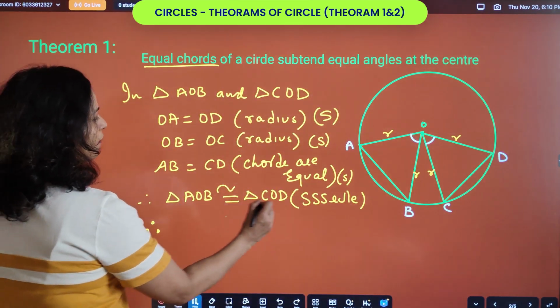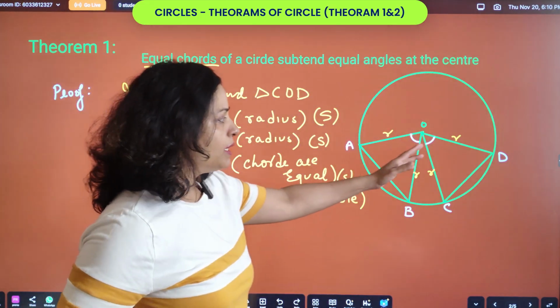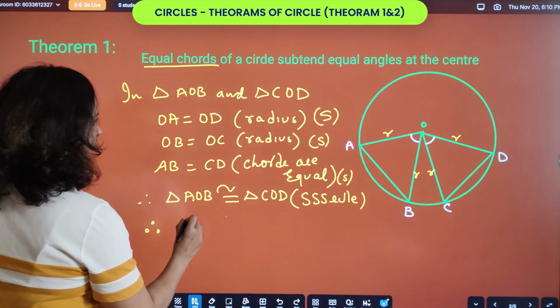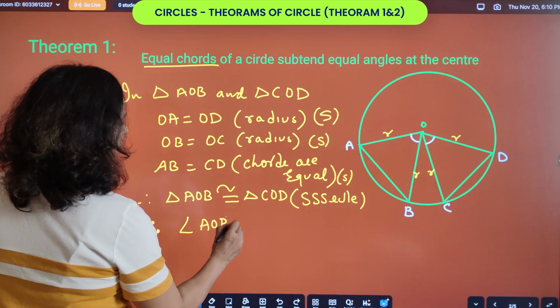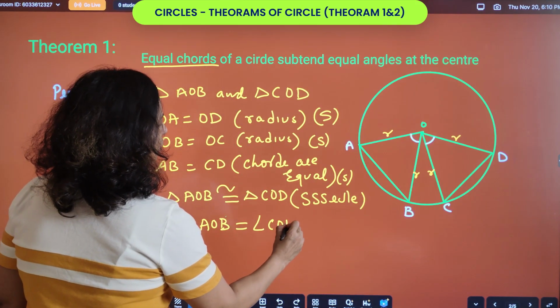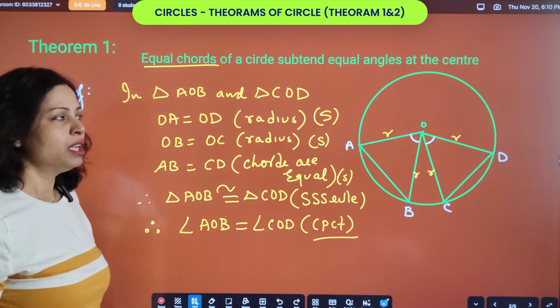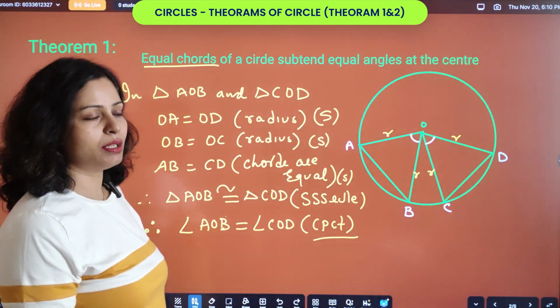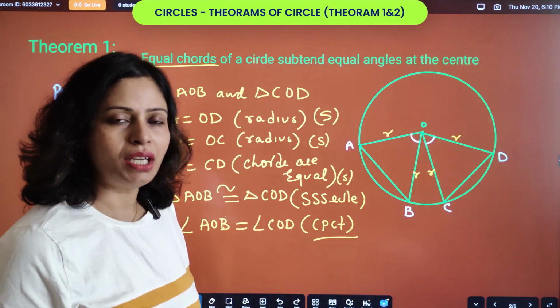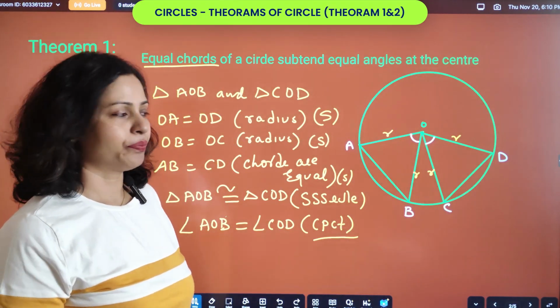So we can say angle AOB is equal to angle COD by CPCT. This is how we can prove this theorem, that equal chords subtend equal angles at the center.